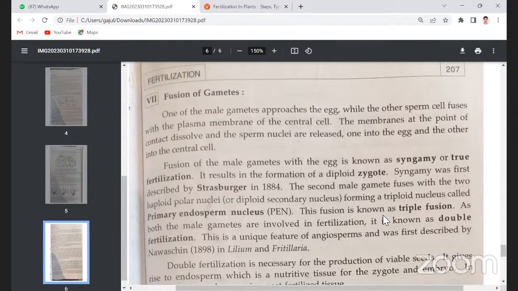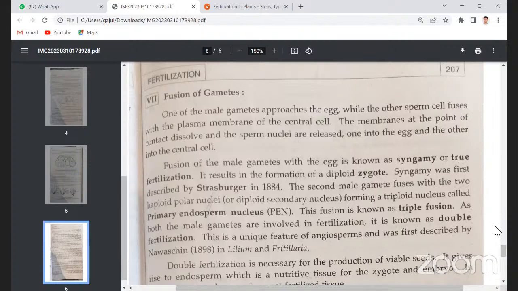This fusion is known as triple fusion. What do we call this fusion? The second male gamete fuses with the two haploid polar nuclei, forming a triploid primary endosperm nucleus. This fusion is known as triple fusion.